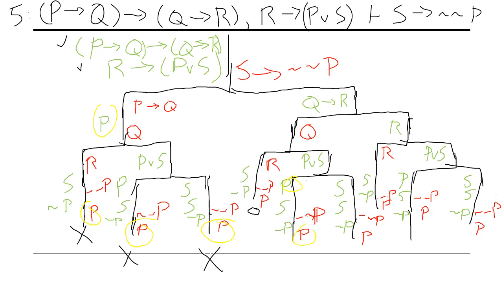P, green P, that one cancels. Doesn't look like it cancels out there. Let's see. PSR. Now we got R and an R. That one will cancel out.